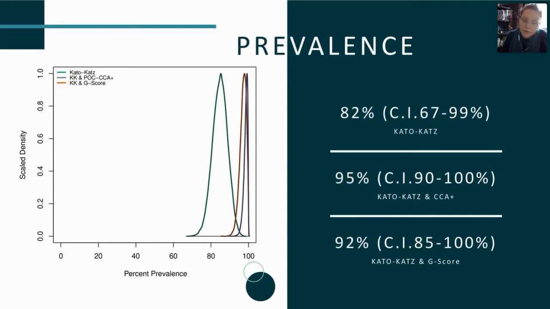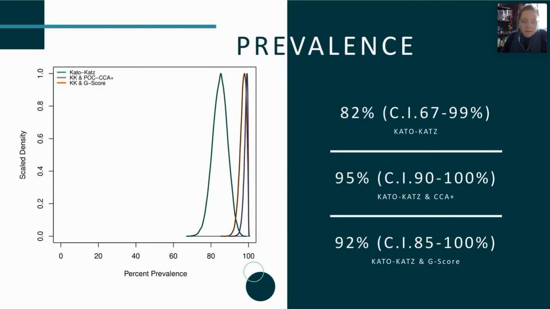So this is the prevalence if you estimate this using just the CAT-CATs data here in green, and we can see that's about 82%. But if we include the antigen test data here, we can see that both the CCA+ and the G-score data provide a higher estimate of prevalence, but they also perform comparably.